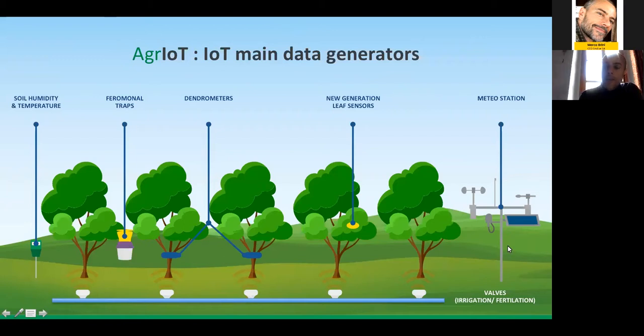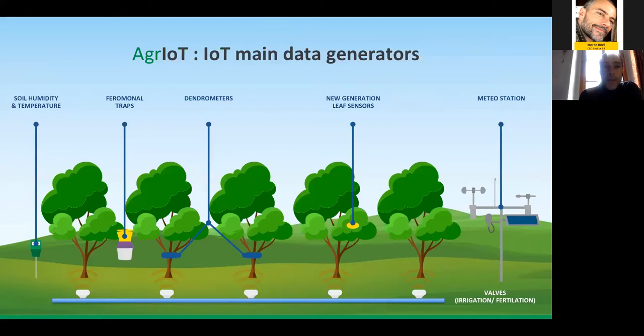Then you have a meter station which is providing microclimate conditions about the air, the sun presence, wind, and so on. You can add pheromonal traps. There are some pheromonal traps which are automatic. Well, I do recommend at this point to stick to the manual.